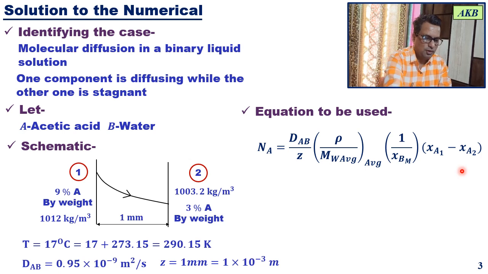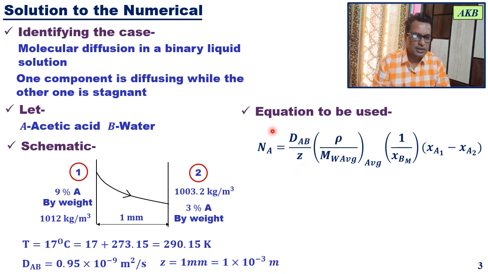In order to use this equation, we need various values. The other value that is given to us is Z, the length of the diffusion path, which in this case is nothing but the thickness of the water film. It is 1 mm. I have converted it into meter, so it is 1 into 10 to the power minus 3 meter.